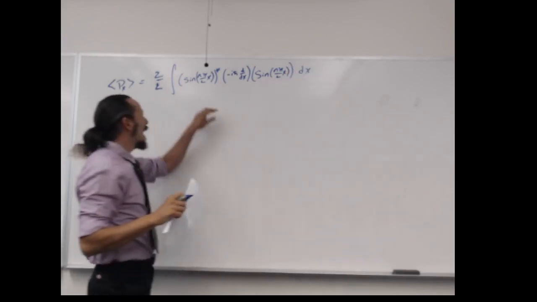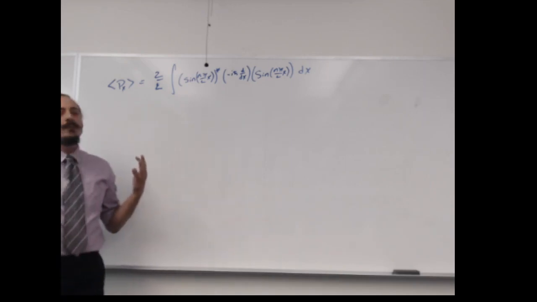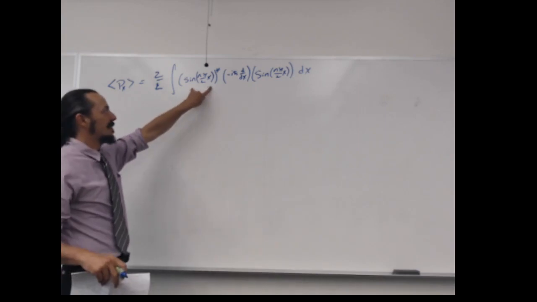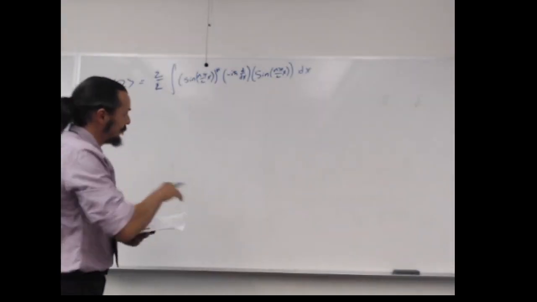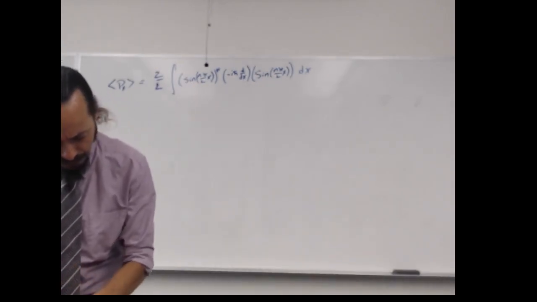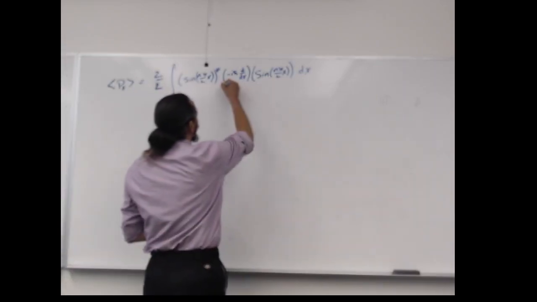So again, I'm putting extra parentheses here just to create a visual parallel with our generic equation. I've got psi star p hat psi. This part, the derivative part, we're going to go ahead and put through. This is going to be a little bit interesting.